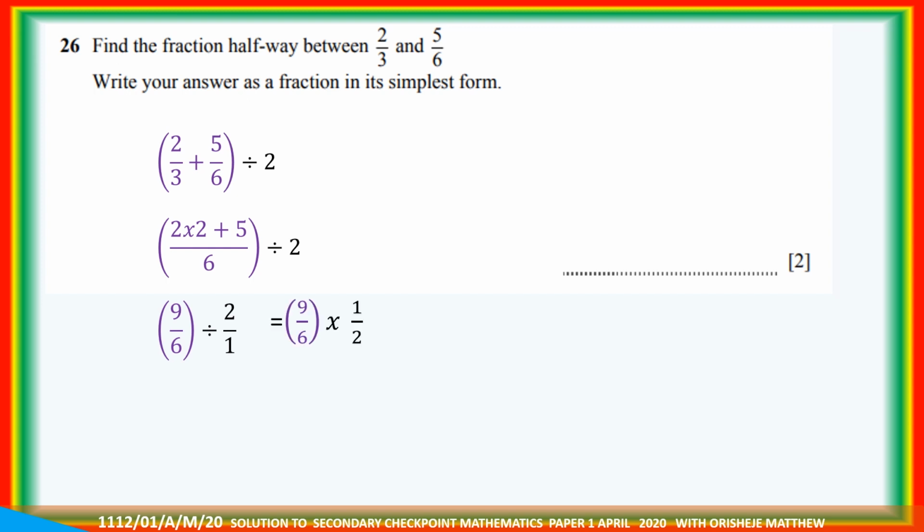In other words, that is 9/6 times 1/2. So that is going to give me 9/12. Reduce it to lowest terms: dividing both by 3, that gives 3/4. So that is the number midway between them.